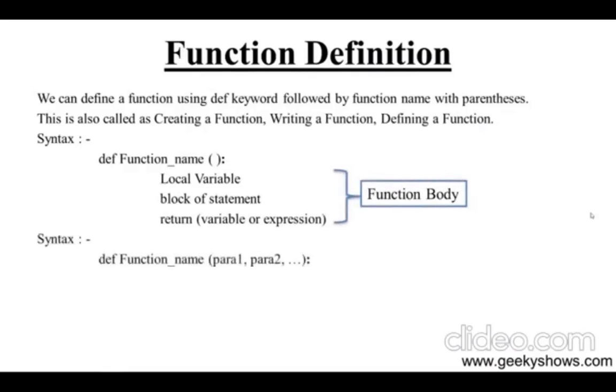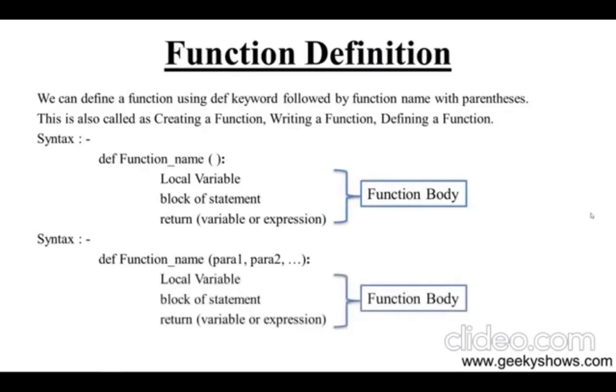If we have parameters or arguments to pass, then it is def function name with parameter 1 to n, and again the local variables or block of statements, then the return statement.